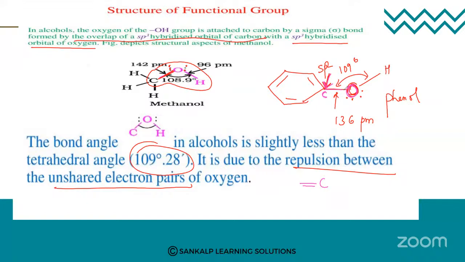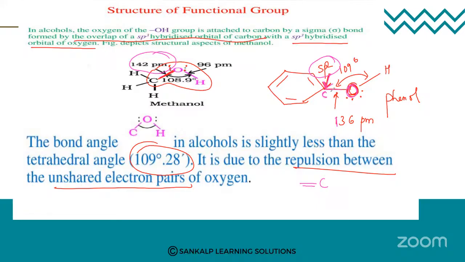This C-O bond length is 136 picometer, which is slightly less than that of methanol. In methanol, the bond length was 142. But in phenol it is slightly less. What is the reason? There are two reasons. First, the sp2 hybridization of the carbon makes it more electronegative.